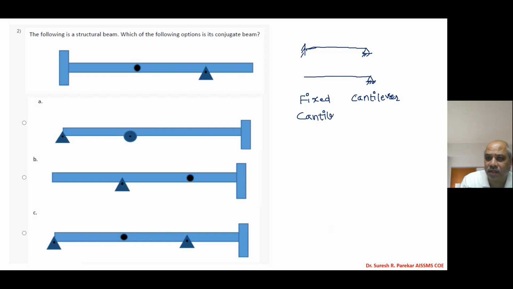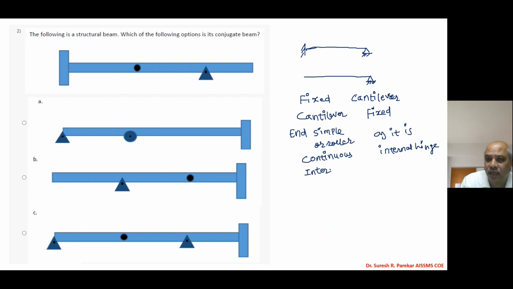The end simple or roller will be as it is. Internal hinge becomes continuous support, and continuous support becomes internal hinge. So these conversions you have to keep in mind.